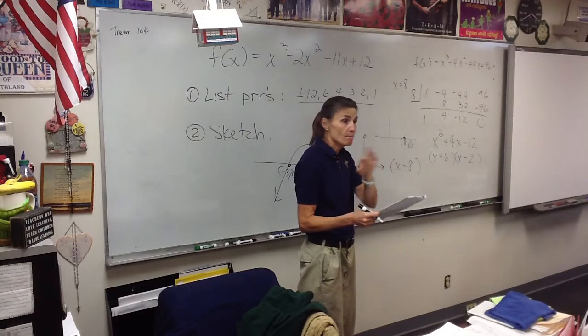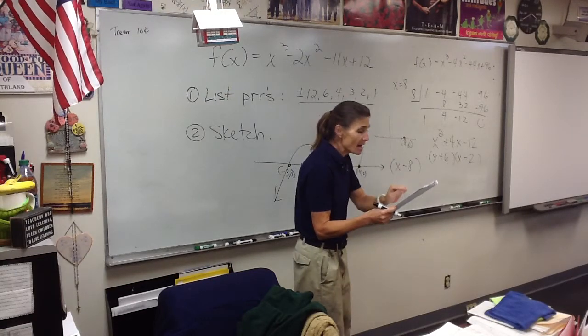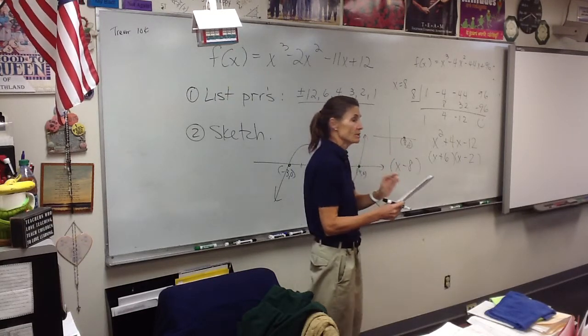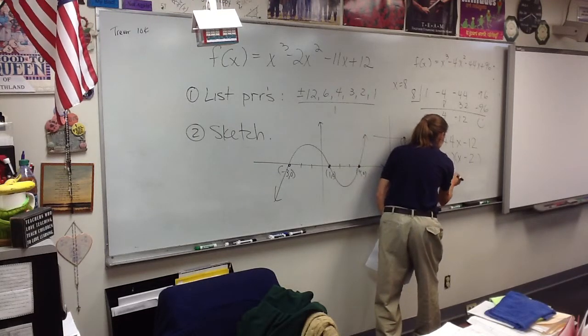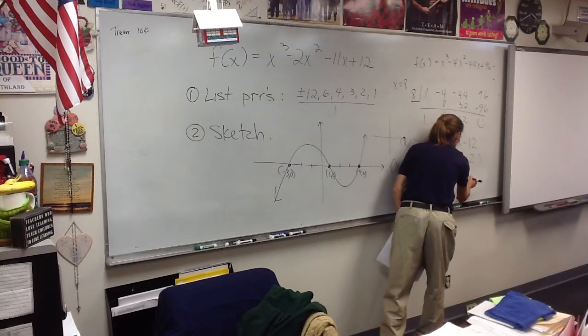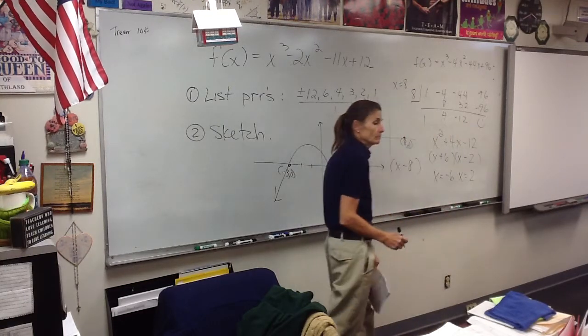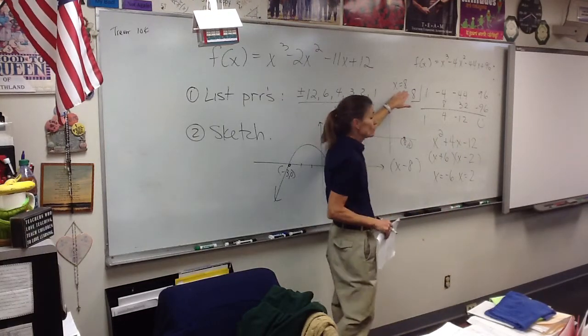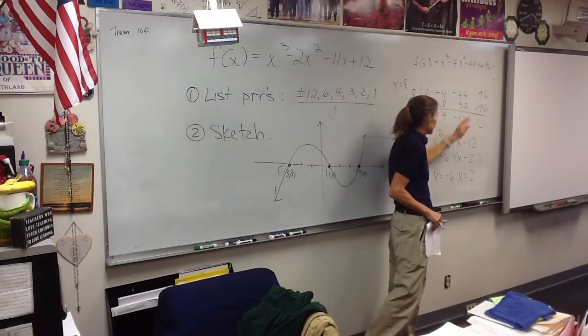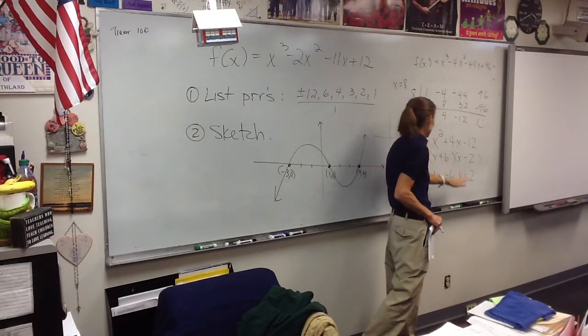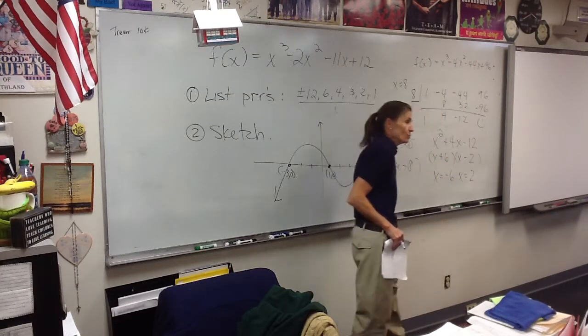You could do that, but it didn't say that. It says find the other roots. What are the other roots? X equals what? Negative 6 or 2. One of the roots was 8. We divided it out, factored what was left, and that gave us our other 2 roots.